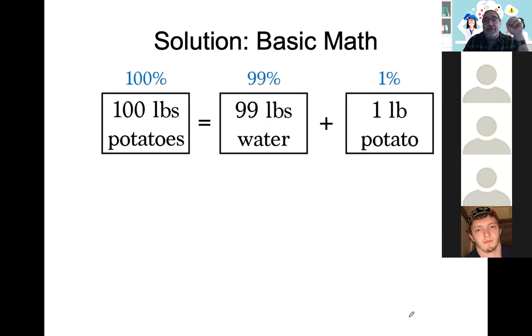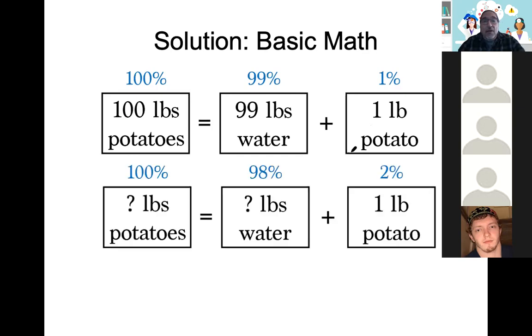So one way to do it is just to do it exactly as a couple of you guys were saying, which is we know that with 100 pounds of potatoes, you get 99 pounds of water and 1 pound of potato. And the question here is, of course, how much is the bottom line going to weigh if we have 98% water, which means that there's 2% potatoes?